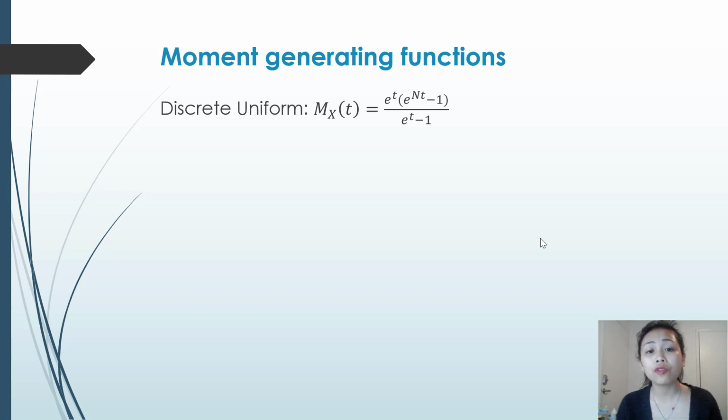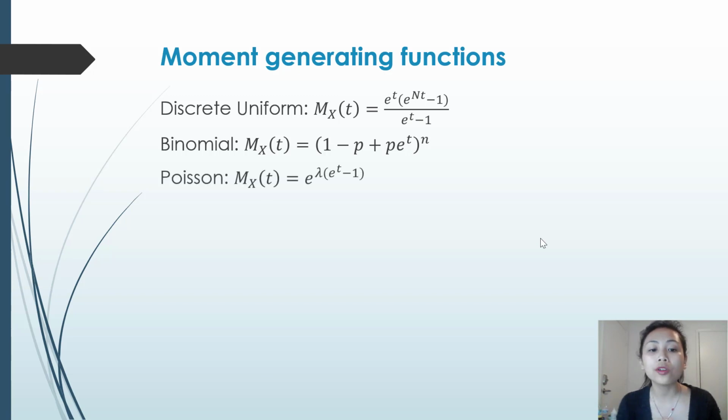For discrete uniform, the moment generating function is e to the t times e to the nt minus 1 over e to the t minus 1. For binomial, it is 1 minus p plus p times e to the t, the whole thing to the power n. Poisson moment generating function is e to the lambda times e to the t minus 1.